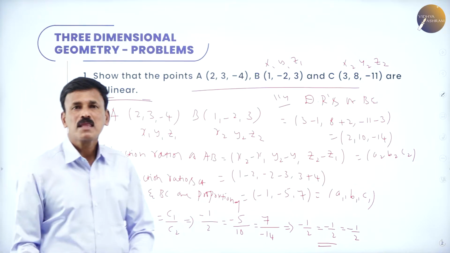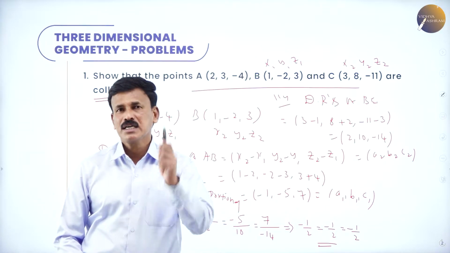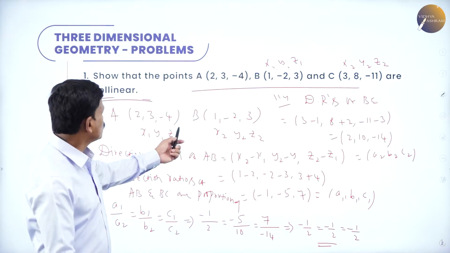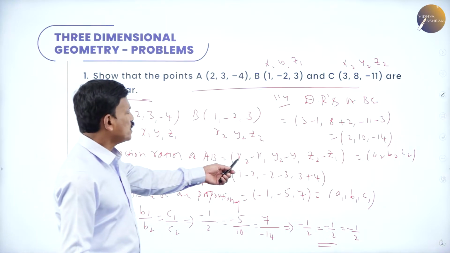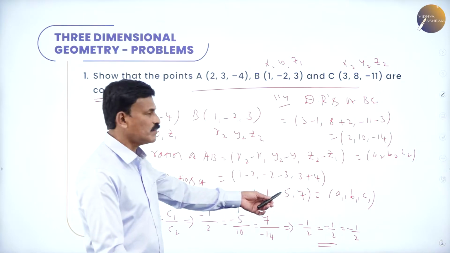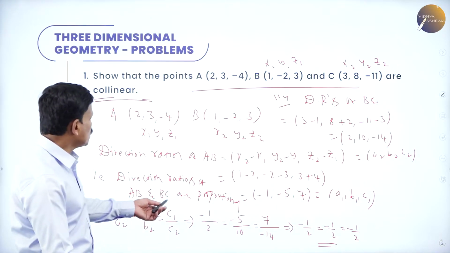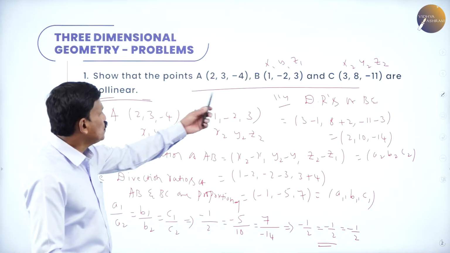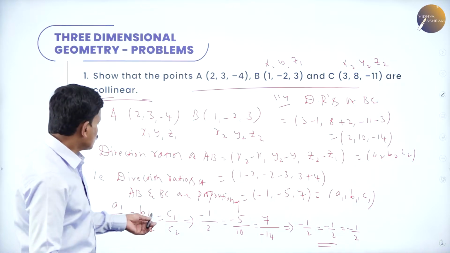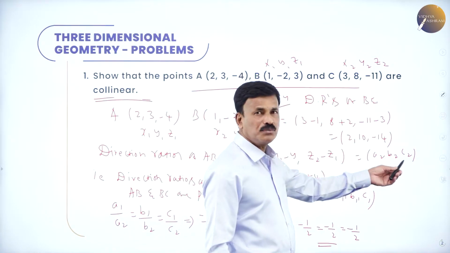Very simple. Just find the direction ratios of the line AB and line BC. The direction ratios of AB are x2 minus x1, y2 minus y1, z2 minus z1, that is minus 1, minus 5, 7. Call it A1, B1, C1. Similarly, the direction ratios for the line BC, from the two points B and C, are 2, 10, minus 14, that is A2, B2, C2.